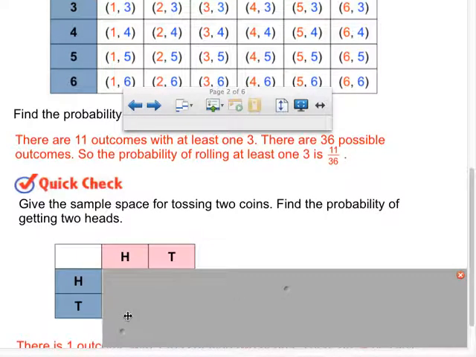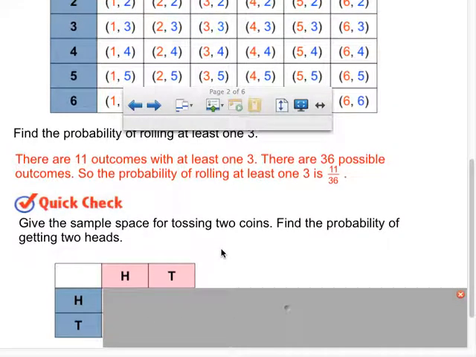My other coin can land heads or tails also, right? Does that make sense? So what goes in this box right here? Both land heads up, H and H. What about here? 1 heads, 1 tails. What about here? 1 tail, 1 heads. What about here? Both tails.